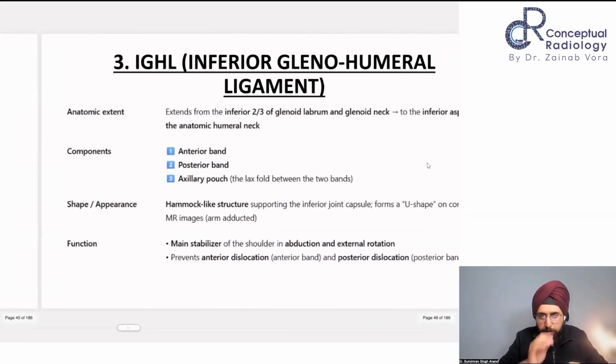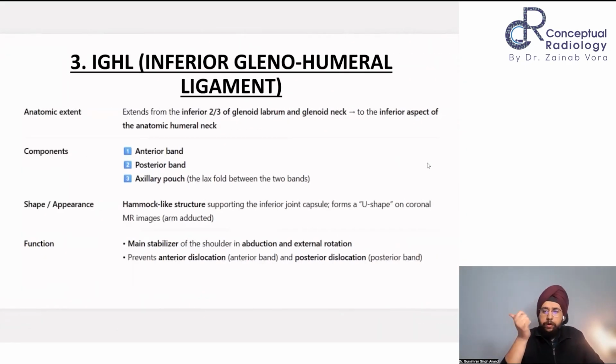Now we come on to the most important of all the three glenohumeral ligaments, which is your IGHL. Three things very important: anterior band, posterior band, and in between that we have the axillary pouch. As a part of adhesive capsulitis, we see fluid accumulation in the axillary pouch.